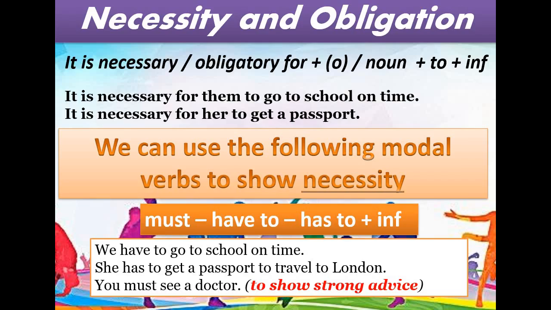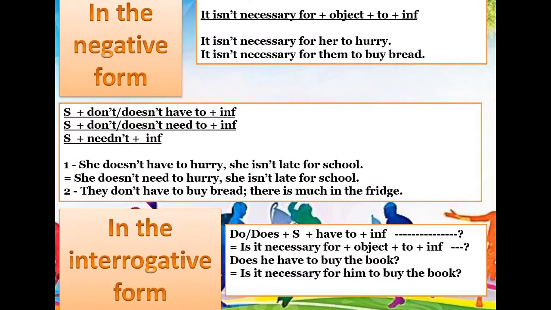Okay, so let's move ahead. For lack of necessity, we use "it isn't necessary," or we use "don't" or "doesn't have to," or "don't" or "doesn't need to." So we use these expressions to express lack of necessity.